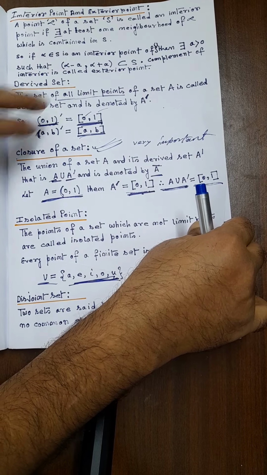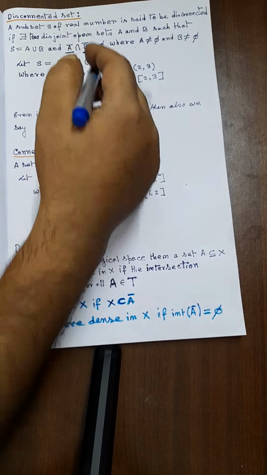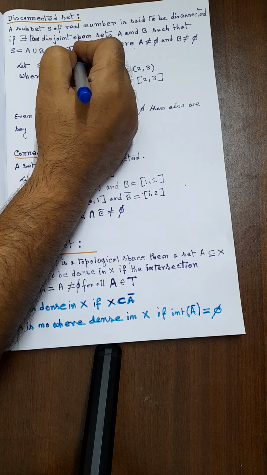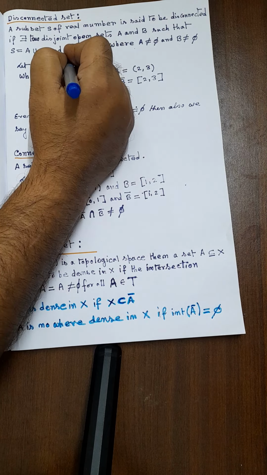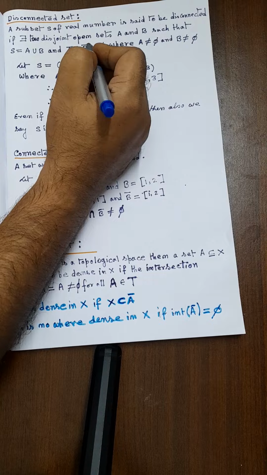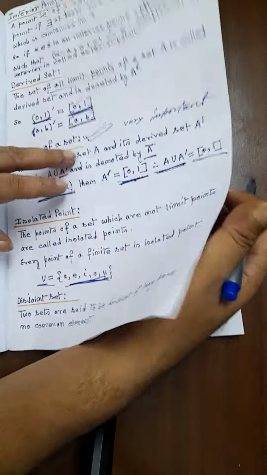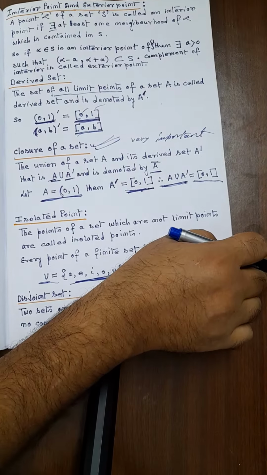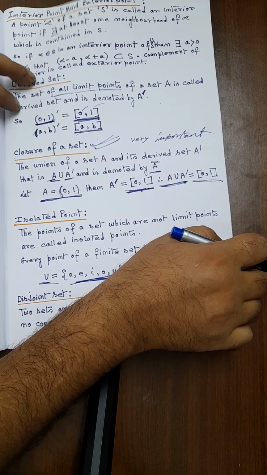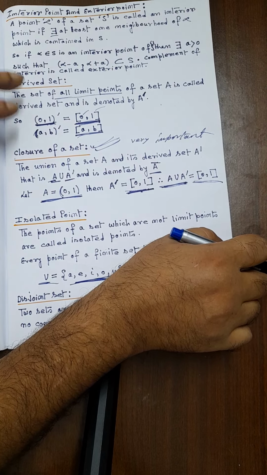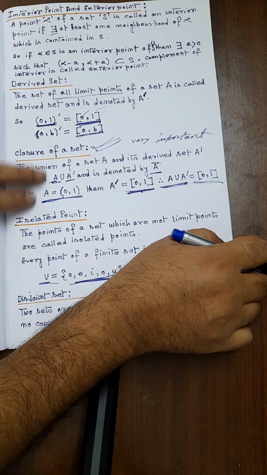What is the derived set and what is the closure of the set? To find the closure of the set, we have to know the derived set, right?